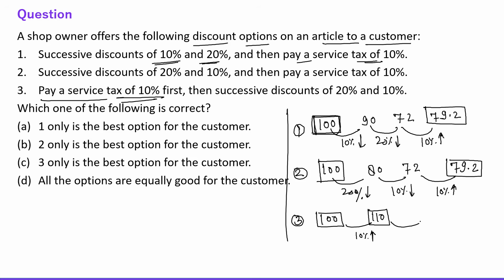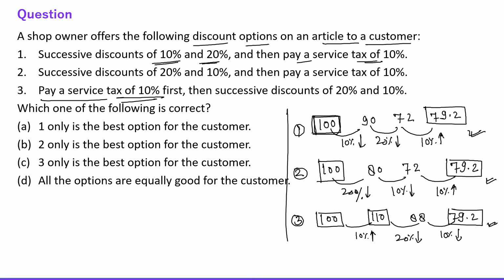After that there is a successive discount. So there is a discount of 20%, then 10%. So 20% means 22 rupees discount. So this becomes 88 rupees. And then again 10% discount, then 8.8 rupees. So this becomes 79.2 rupees. So here in every discount offer he has to pay the same amount.